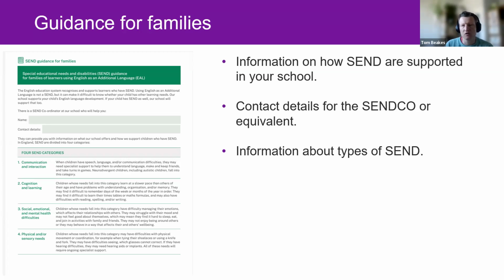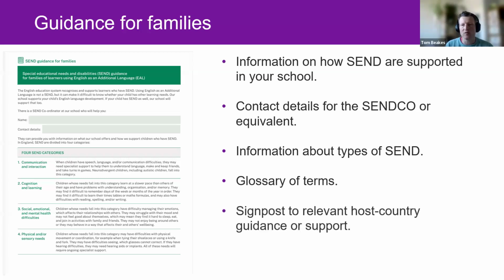So having those clarified might be really important, especially if you're in a context where these ideas may not be as familiar to families. And adding to that would be having some kind of glossary to clarify the meaning of what you're talking about, and also providing links to context-specific guidance or support options. And obviously that will be specific to your setting.